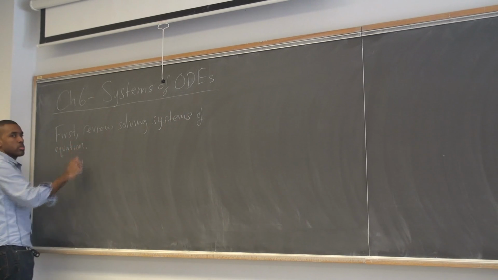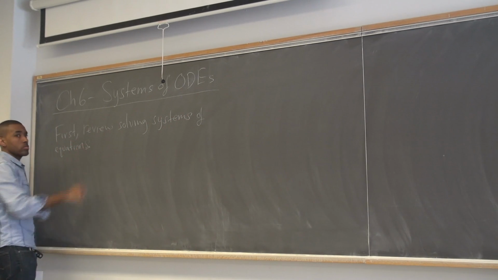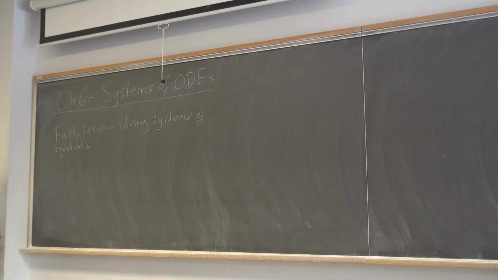You guys remember what a system of equations is? It means you have several equations that you want to consider at the same time, and you want to find a solution that works in all equations at the same time. You call this a system of equations.